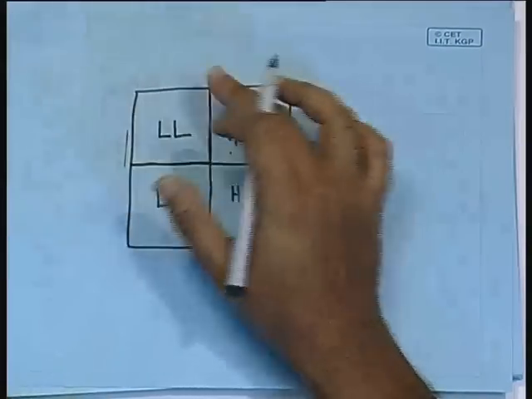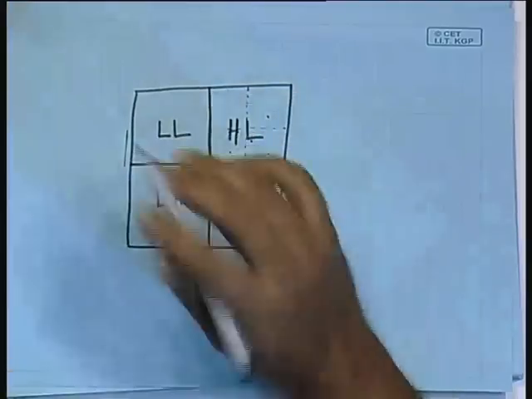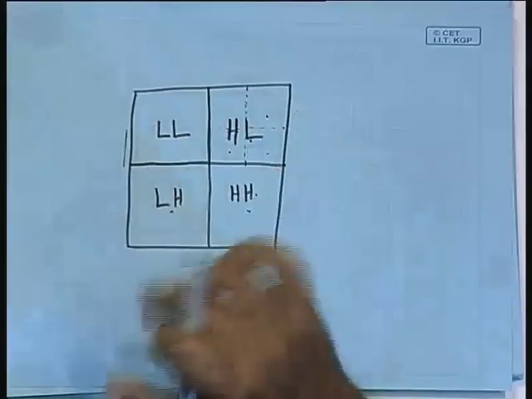So, in LL we have already got one low pass filtered version. If we look at the image, we will be seeing that as if the original image has been squeezed to a 1/4 size image and put into the LL subband. Okay. And the richest information out of all these 4 subbands, you will find the maximum information content within this LL subband only.